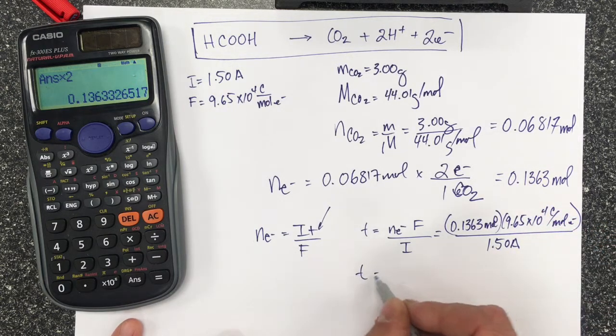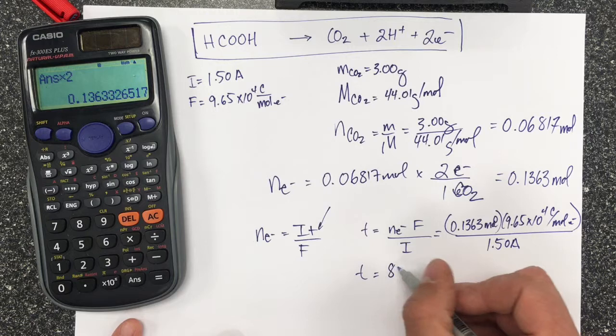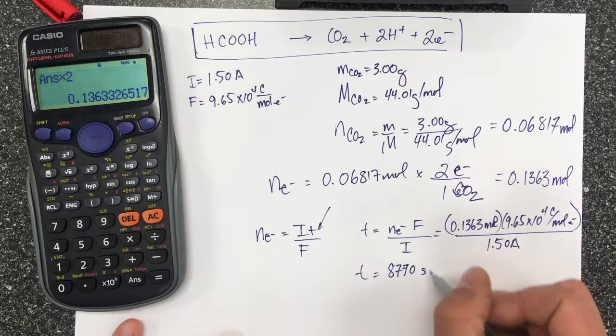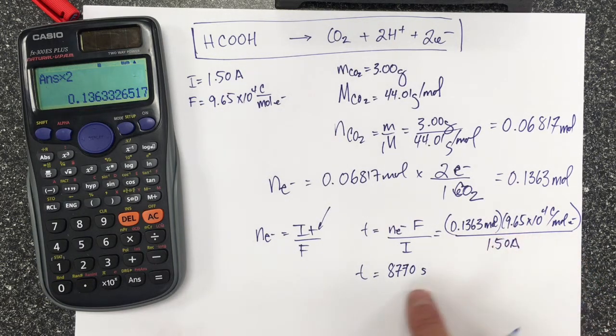And if I stick that in my calculator, I'm going to come out with 8,770 seconds-ish. I think I may have rounded off a little bit, but to 3 sig digs, this should be fine.